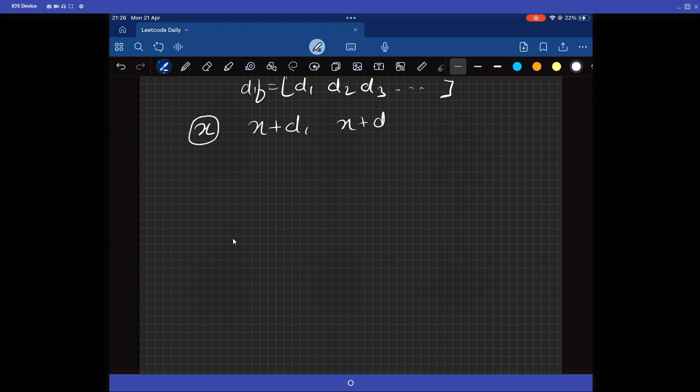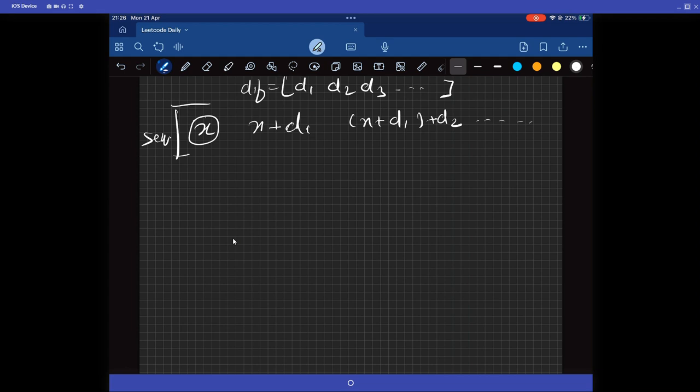It will be x plus d1 plus d2, right? Similarly, in this way we can get the sequence, right? So this is our sequence.